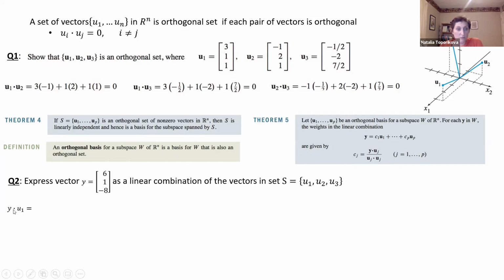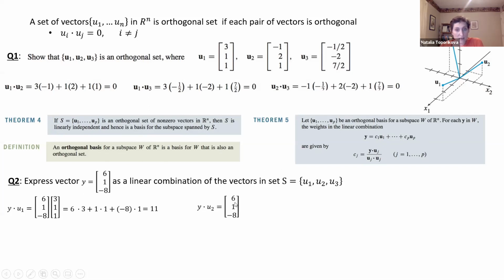Let's calculate the dot product of y and vector u1. We take our vector y multiplied by the first basis vector u1, and we get the number 11 in this case. Okay, let's do it with the second vector. We look at the second numerator in our formula.